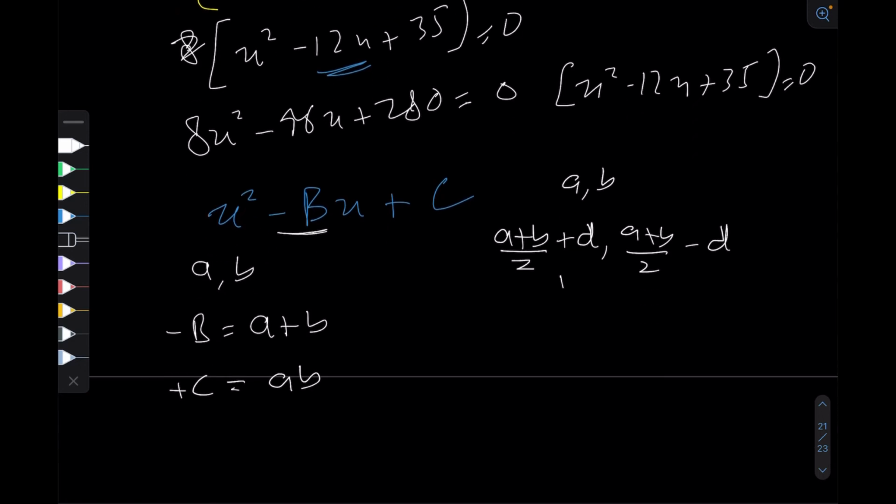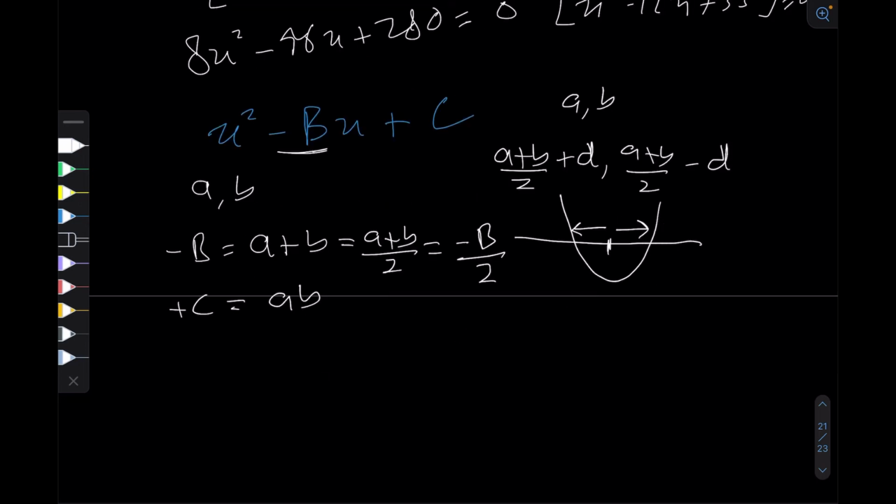So if you have any quadratic like this and this is the average of the two roots, then one of the roots will be minus some value and the other plus some value. The average would be (a plus b) over 2, which is minus b over 2. So a and b will be minus b over 2 plus some d and minus b over 2 minus some d.